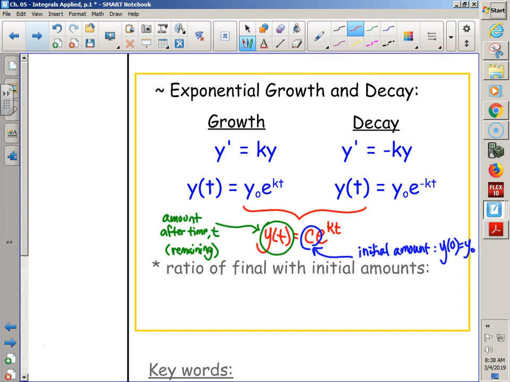k, in some way, shape, or form, can be our rate. We'll say our rate constant.